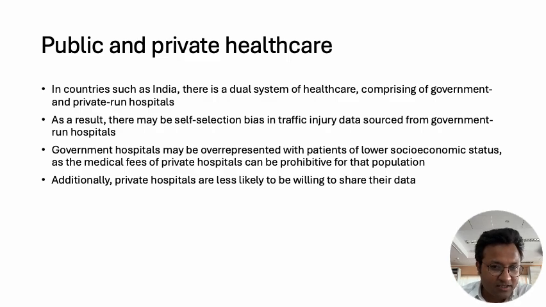In case of police, I was giving you an example of how injuries taking place on minor roads may be underreported. This is just my guess. But in case of hospitals, with private and public, it is possible that a lot of victims that go to government hospitals may have lower socioeconomic status than the people who are going to private hospitals.